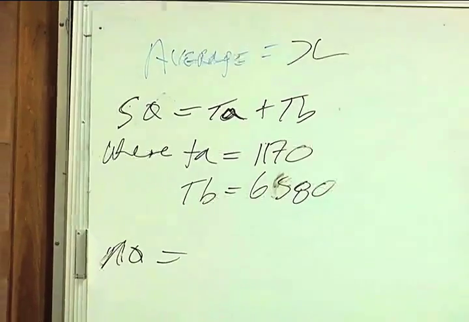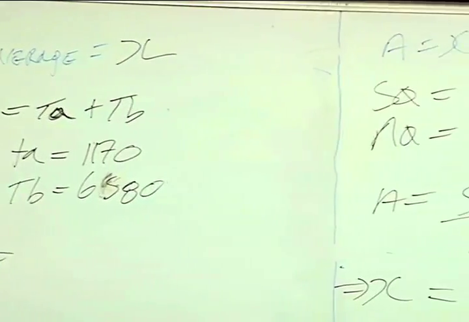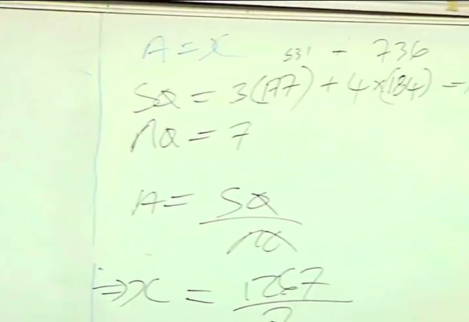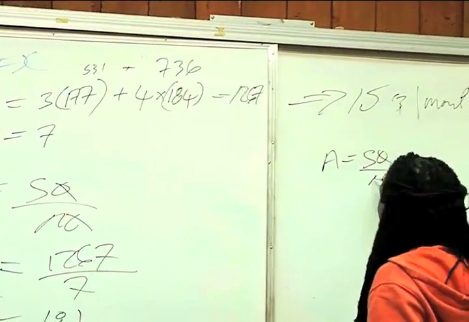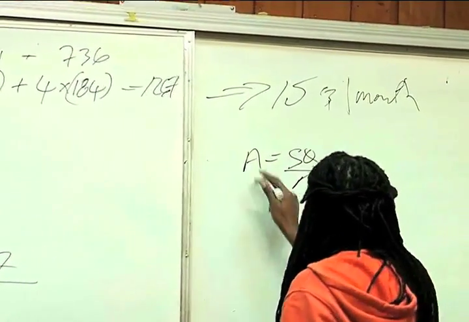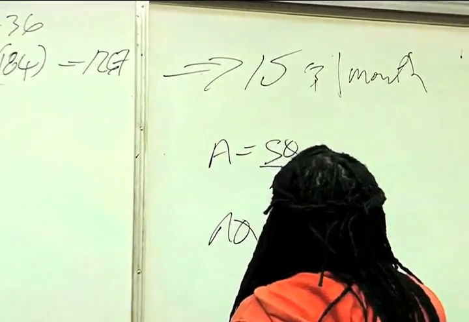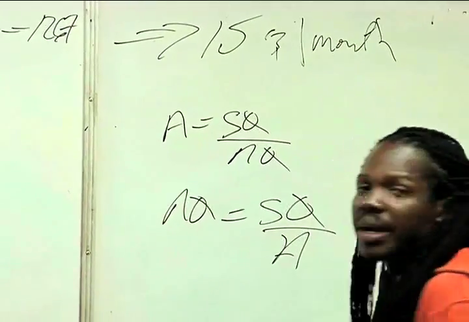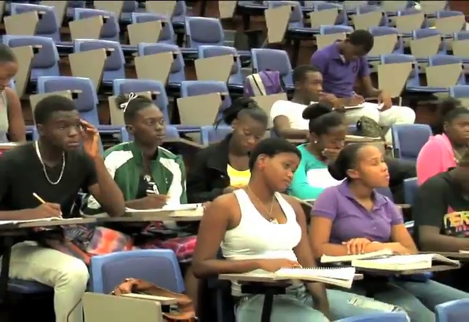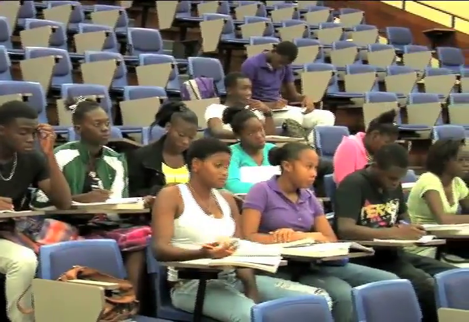Remember we worked out that if A equals SQ over NQ, then NQ equals SQ over A. Remember that? So if I want to find NQ, we have to find that now.